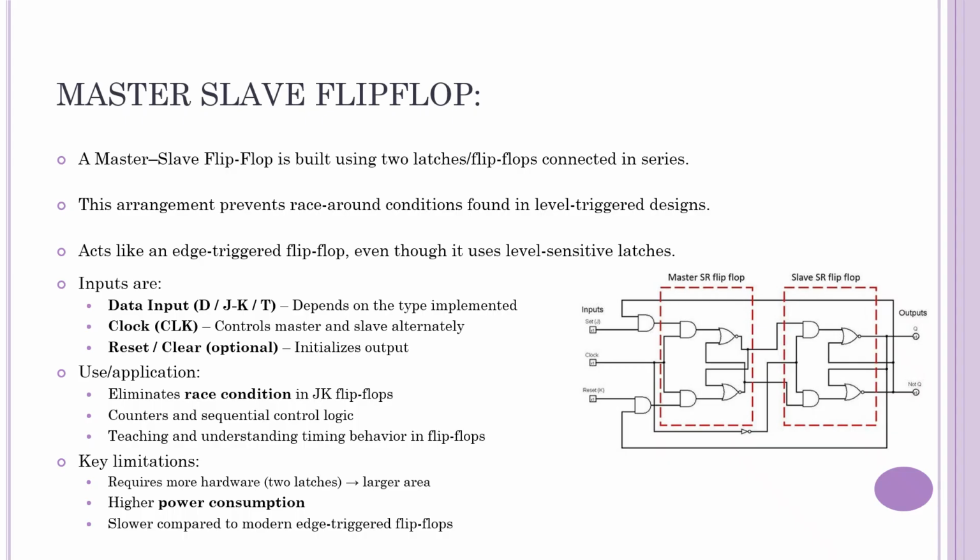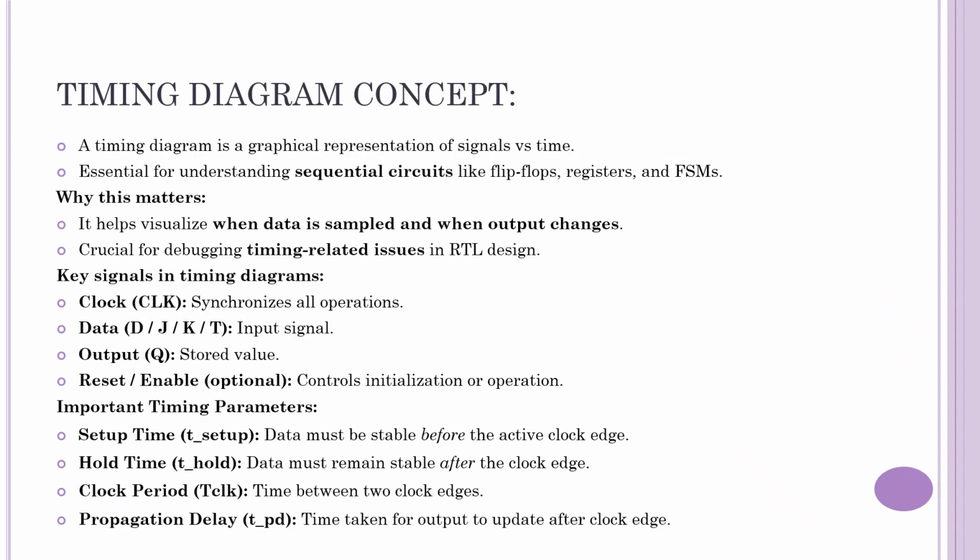But conceptually, master-slave flip-flops were a major milestone. So here's the takeaway. Master-slave flip-flops solved race conditions by separating input sampling and output updating, and paved the way for modern edge triggered designs.